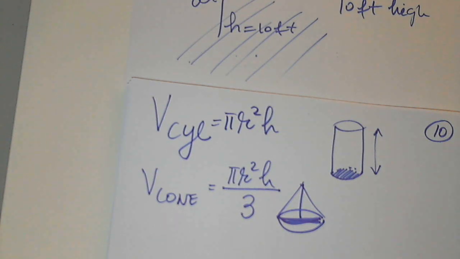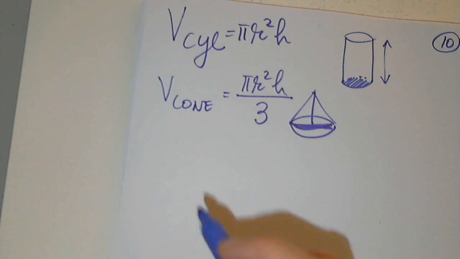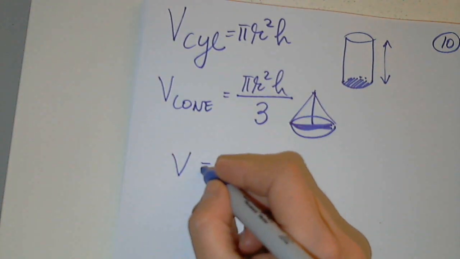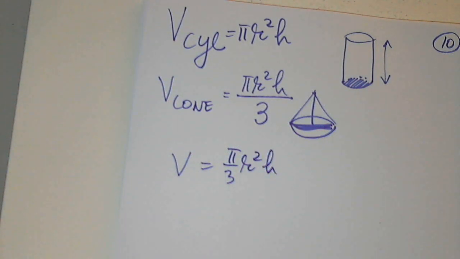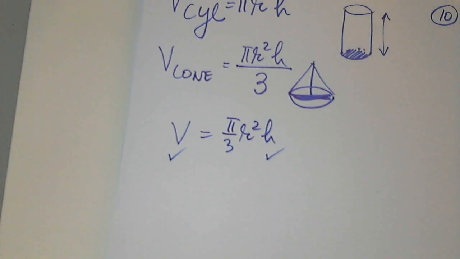Good. So I found the relationship that relates the function v, which is a function of time, so pi over 3 r squared times h. So this is one function and this is the other function. They are both functions of time. I realize now that I also have something extra in here.